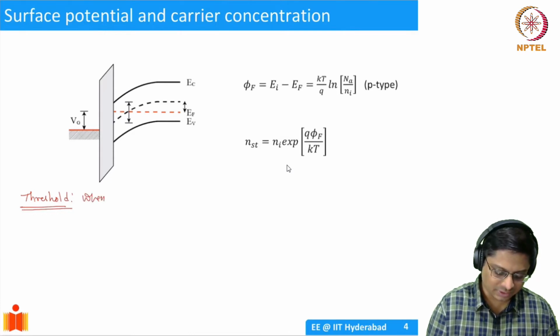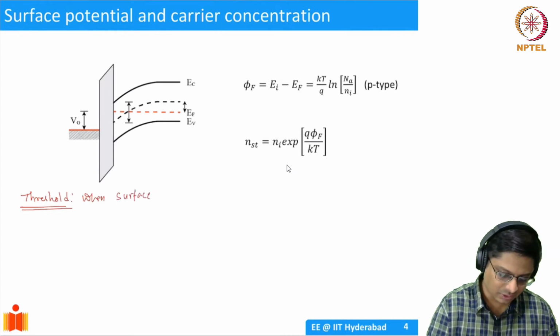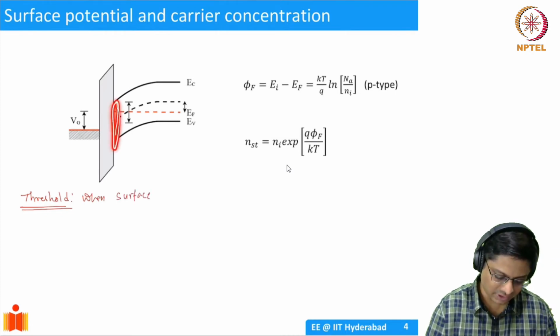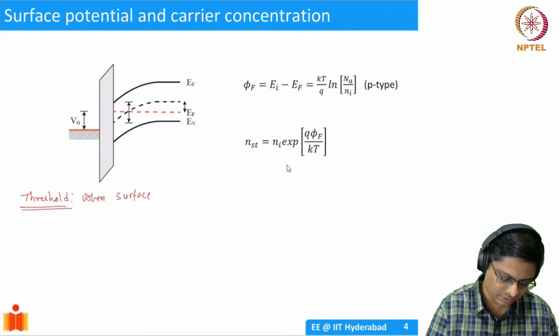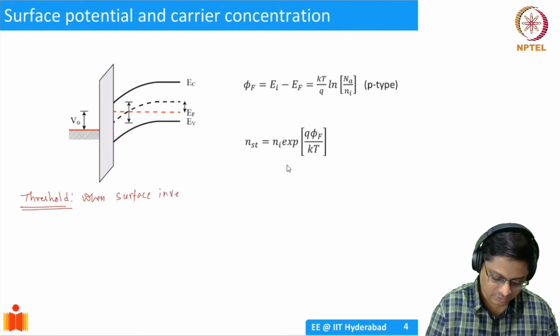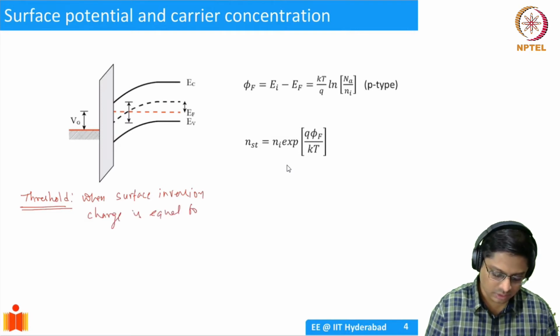Threshold was defined as when the surface inversion charge, by which I mean the charge here at the interface, is equal to the bulk majority carrier concentration, or rather we can call it bulk doping.